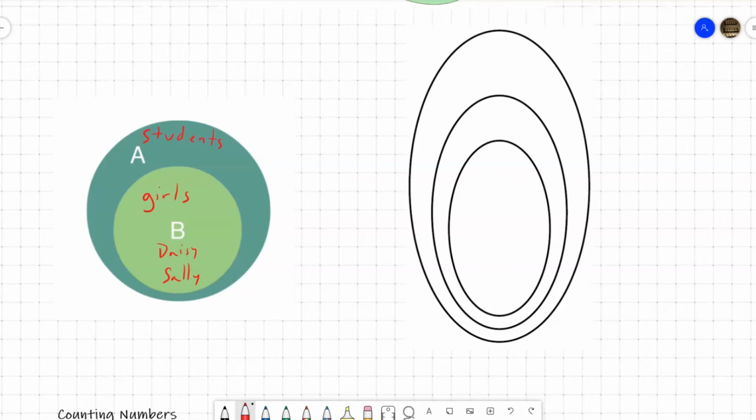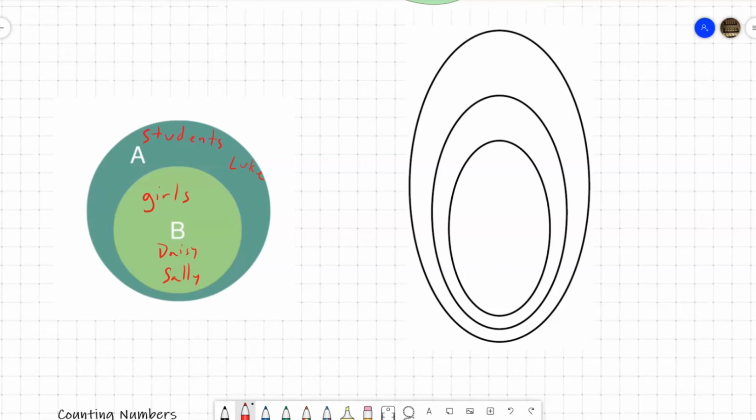But notice that Daisy is not only a girl, but Daisy is also a student. All of the girls, all of circle B, or group B, all of this group fits inside of group A, meaning that all of the girls in our class are students. However, Luke would be out here. So Luke is a student, but Luke is not a girl.